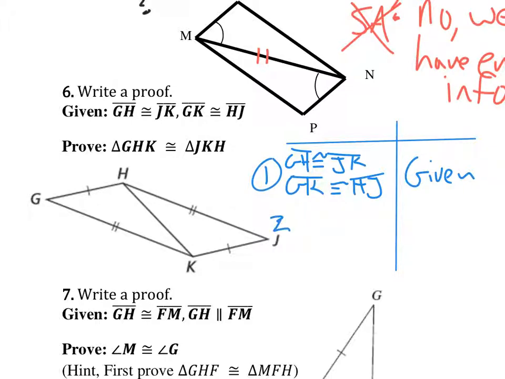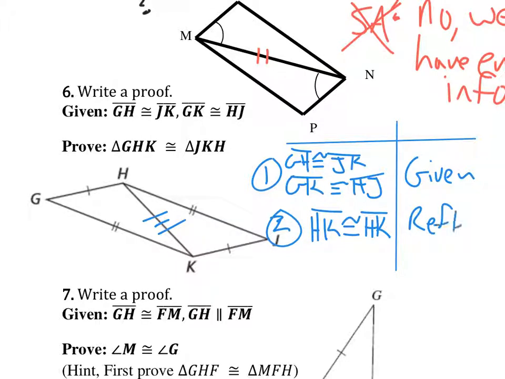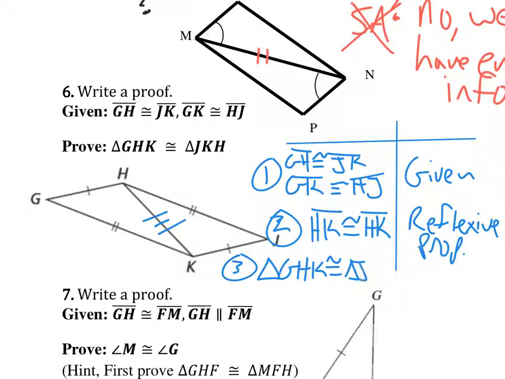That's the first thing, or things, we know. We can group them together. The other thing we know is we've got our reflexive part right here. We know HK is congruent to HK. Don't forget your bars over this. And that is the reflexive property. Now that's enough, so we can go ahead and say that triangle GHK is congruent to triangle JKH.